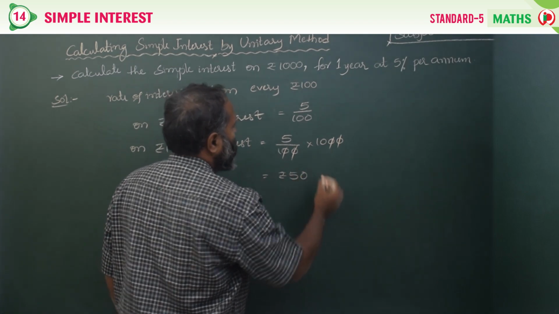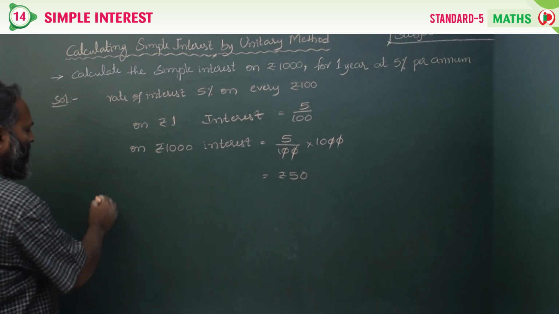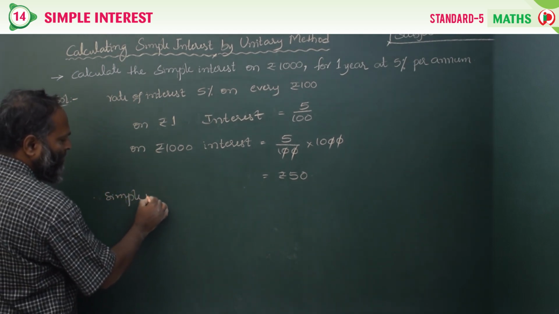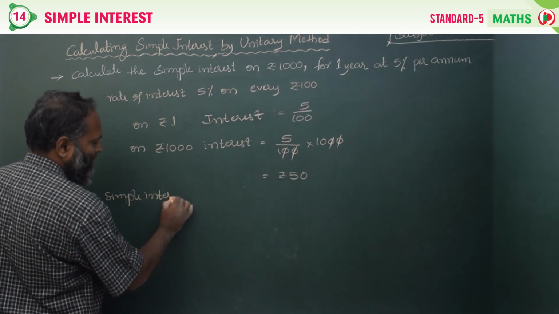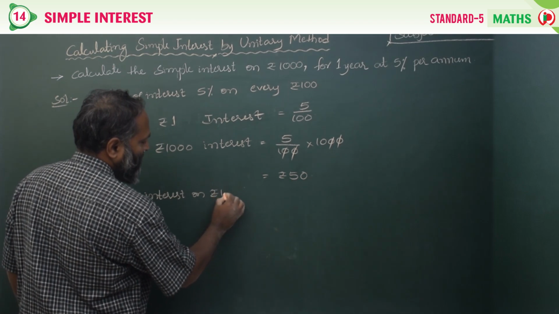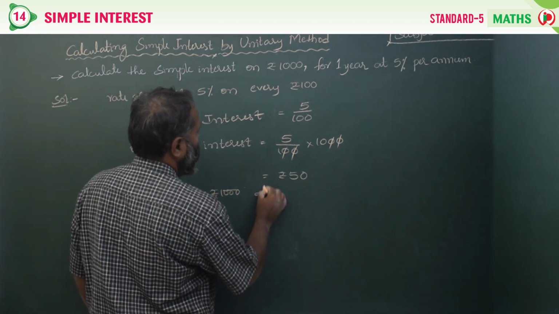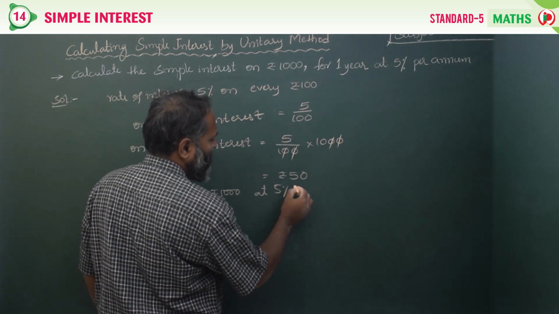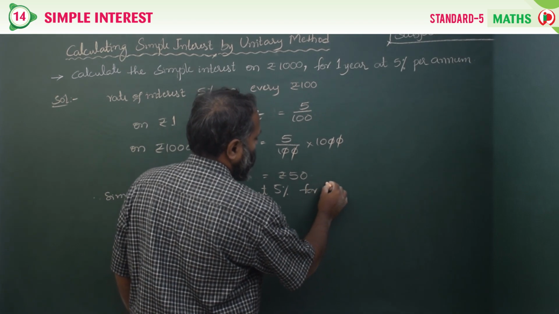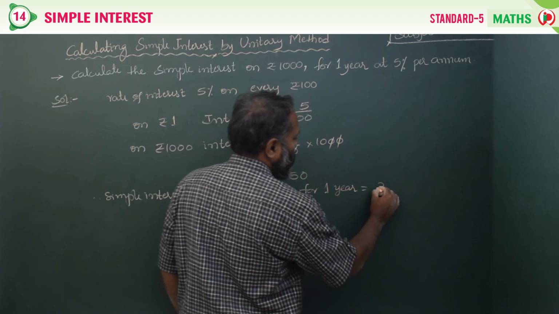Therefore, the simple interest on rupees 1,000 at 5% for 1 year is equal to rupees 50.